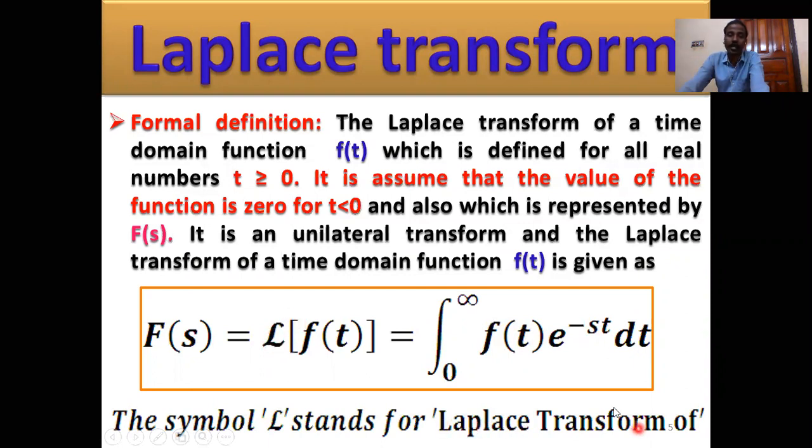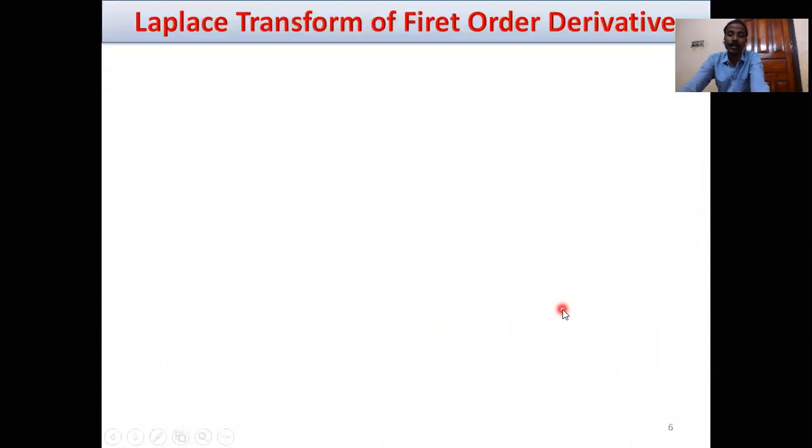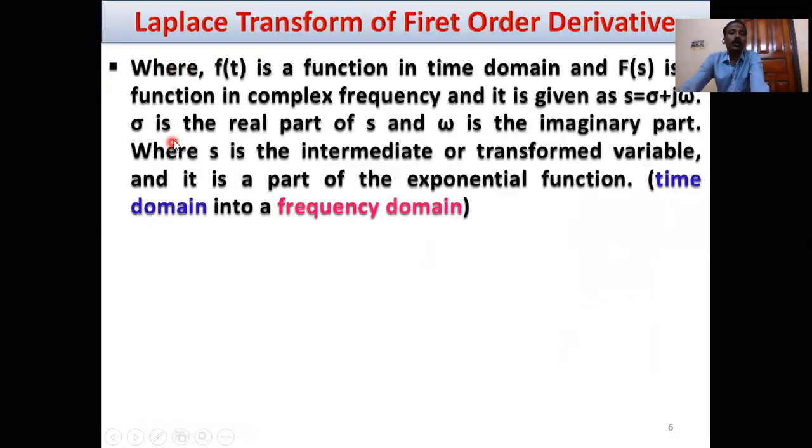That means the Laplace transform of function f(t) equals the integral from 0 to infinity of f(t) e to the power minus st dt. Already discussed, s is equal to sigma plus j omega, where sigma is the real part of s and omega is the imaginary part of s. And this is the time domain to frequency domain conversion.